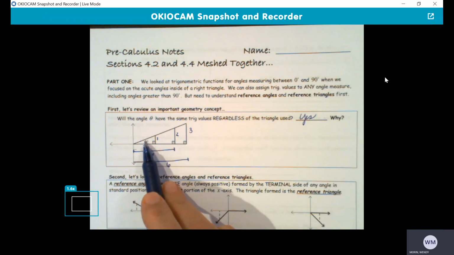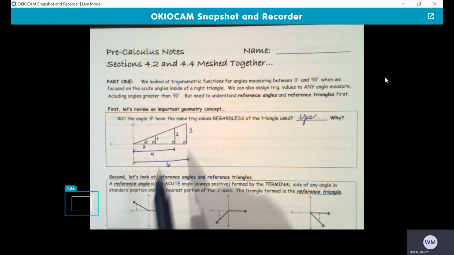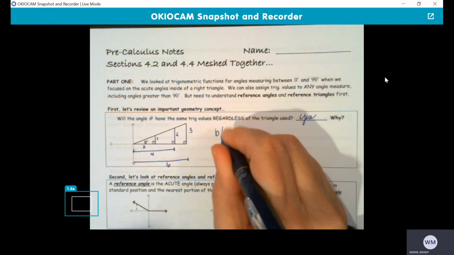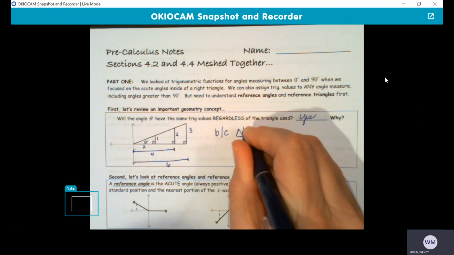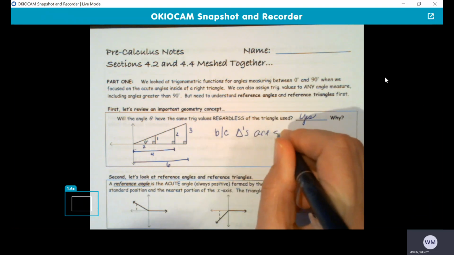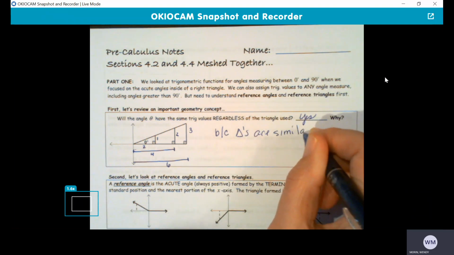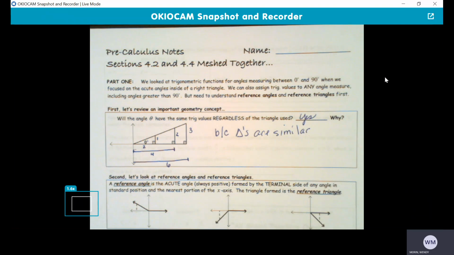Theta does not change. So the sine, cosine, and tangent of theta, the ratios between the sides, are all the same, because the triangles are similar. Similar triangles.